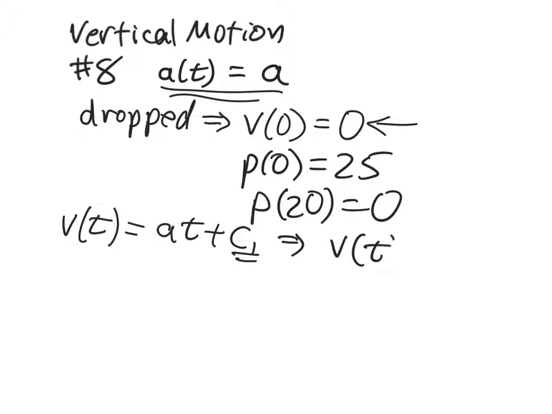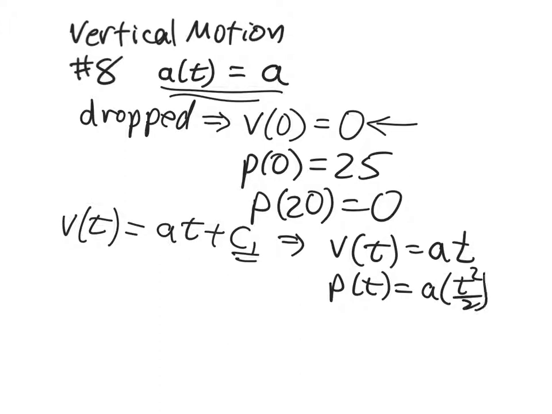So velocity function is a times t, and a again is our acceleration constant. P of t then, well, we'll have a times t squared over 2 plus another constant.